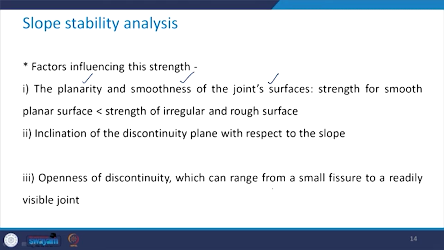We know that the strength of a smooth planar surface will be less than the strength of an irregular and rough surface. The second factor that affects the strength is the inclination of the discontinuity plane with respect to the slope. Openness of the discontinuity is another factor, and this can range from a small fissure to a readily visible joint.